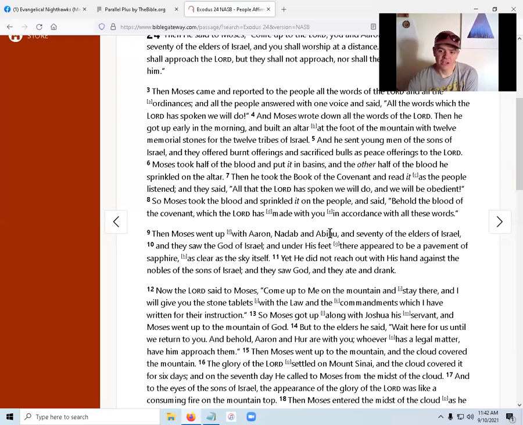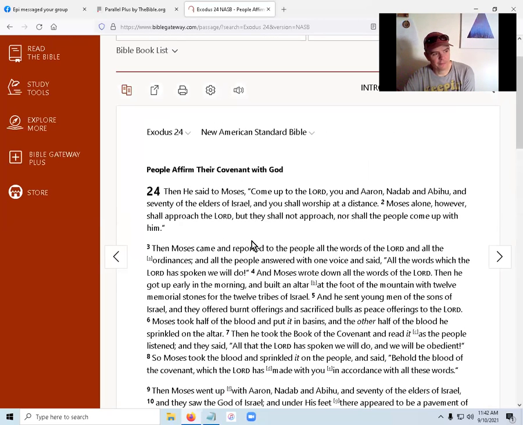So here, God shows himself to them. They saw him. Under his feet, there appeared to be a pavement of sapphire, as clear as the sky itself. In the book of Revelation, they say there's a sea of crystal glass. God is sitting on a throne, and he looks like a big glowing thing with fire all around him.